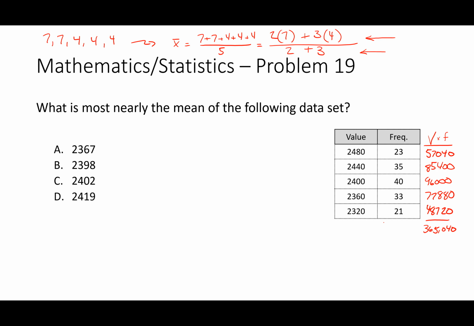So this sum here is 152. Therefore, X bar is 365,040 over 152. And when you plug and chug, you get 2401.6.